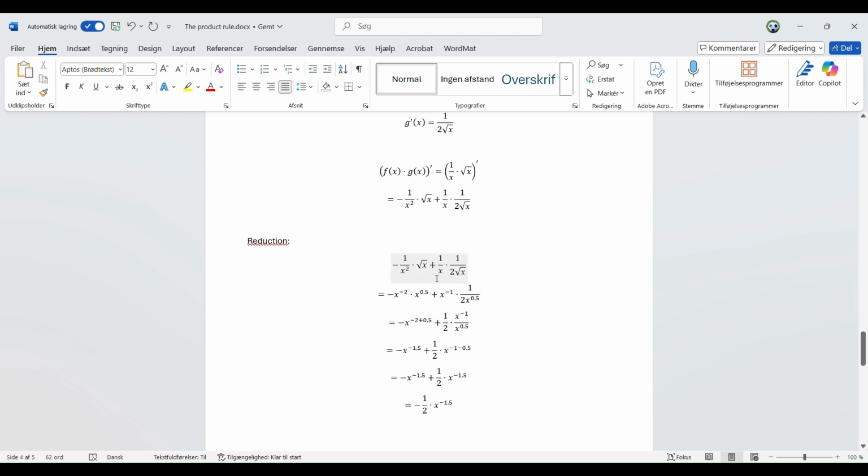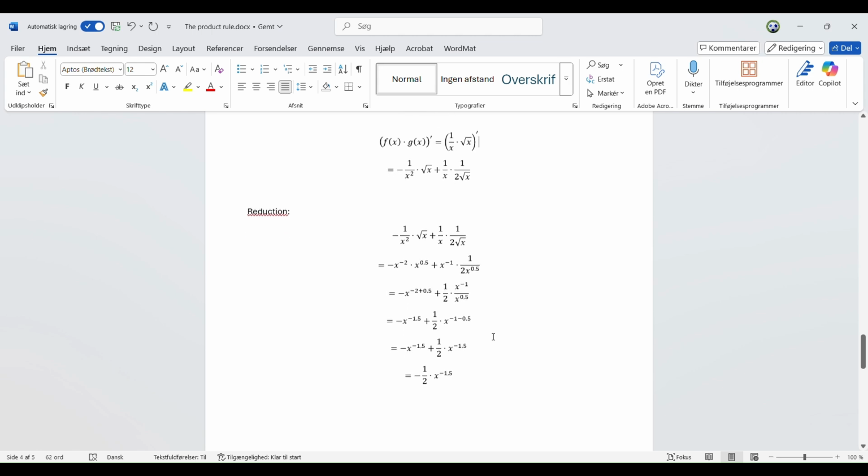Sorry, 1 divided by x could be written as this, and we can rewrite this as this expression down here. And if we apply our normal rules here for powers, we can rewrite this as this expression down here, and we can rewrite this as this expression down here.